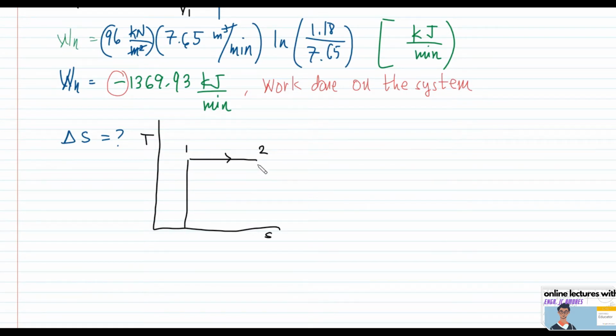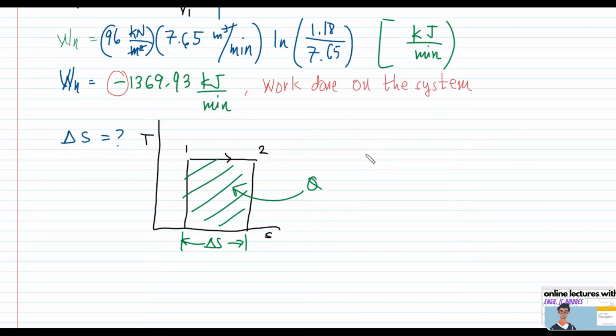Now the area under this curve would represent your heat, and this one would be your delta S. So as you can see, the area under the curve is the heat, so therefore Q, or our heat, would be equal to delta S times T, and then delta S would simply be equal to Q over T.